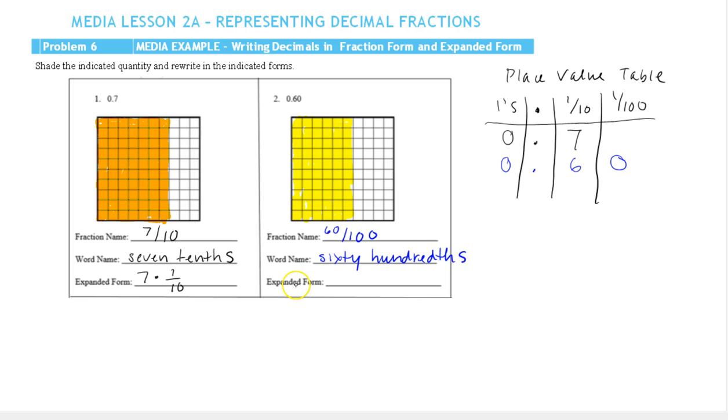And for the expanded form, we'll multiply the digit times the place value. So this is 6 times 1/10, and I'm going to put plus 0 times 1 over 100. So notice you can also see here that 60 hundredths is equal to 6/10. The hundredths place would cancel. Let's look at 2 more.